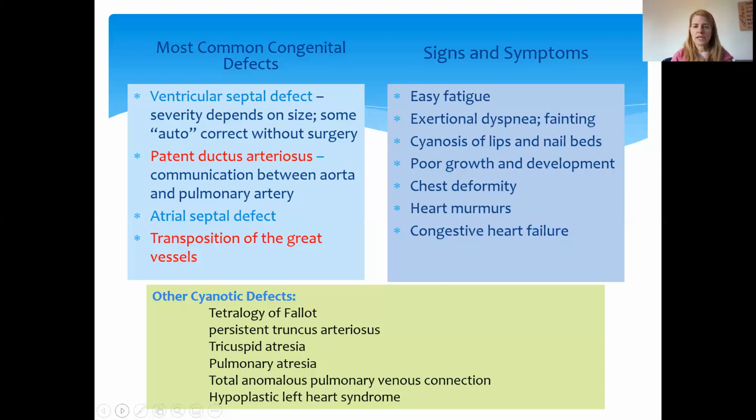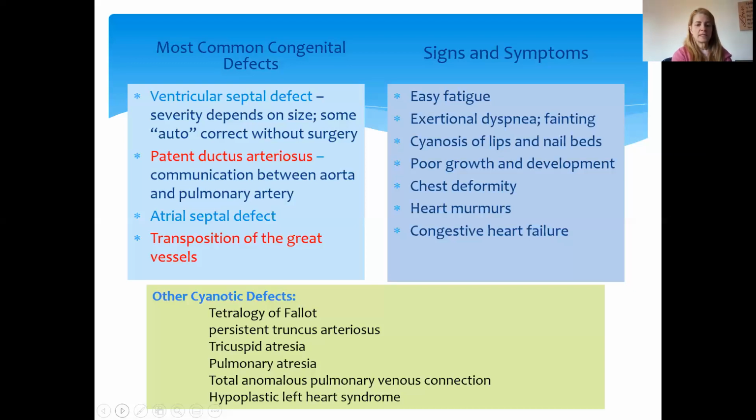An infant that was experiencing these congenital defects would fatigue very easily, have trouble breathing or labored breathing, maybe even fainting, blue lips and nail beds. They would be growing very poorly. They might have a caved in chest or chest deformity, heart murmur, or congestive heart failure.